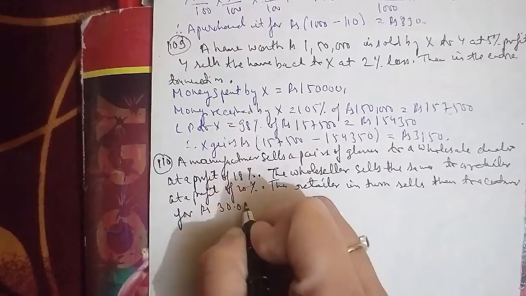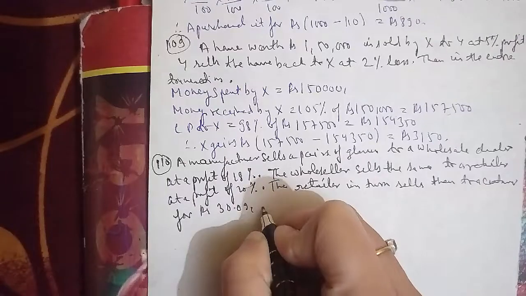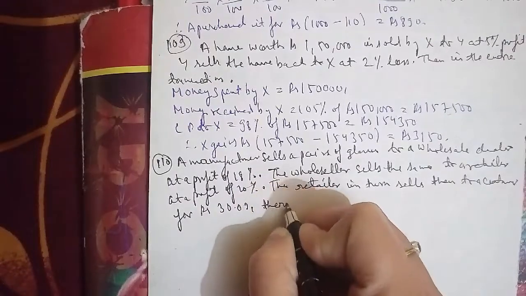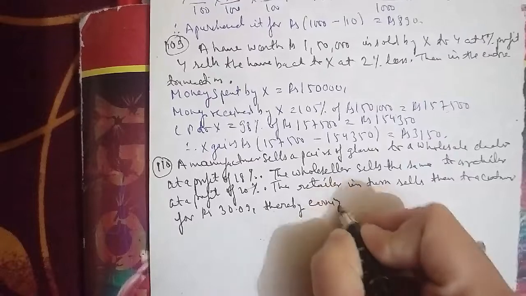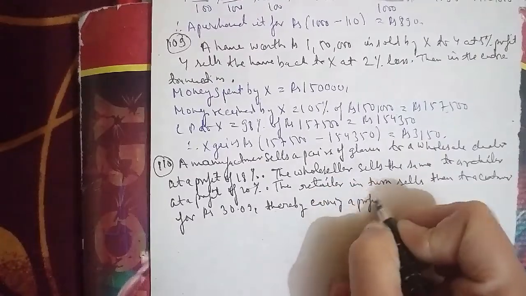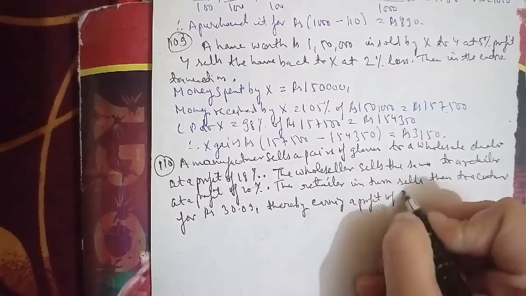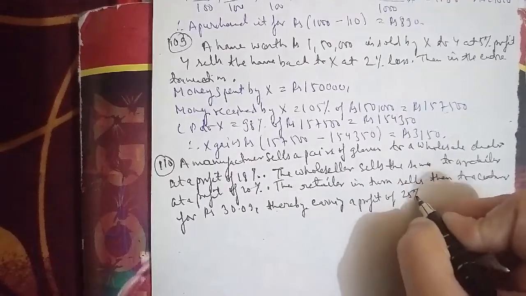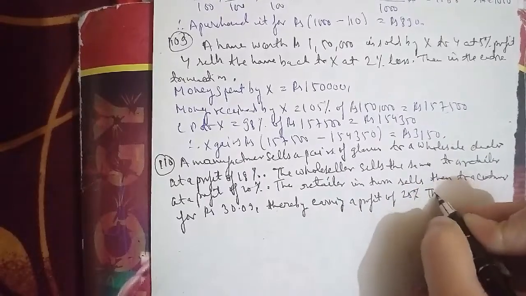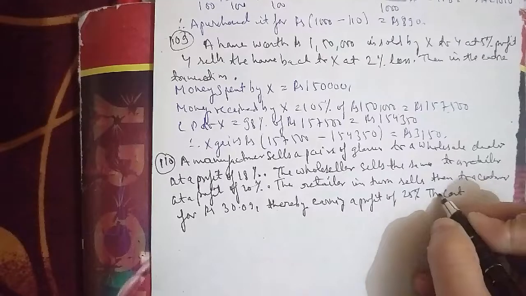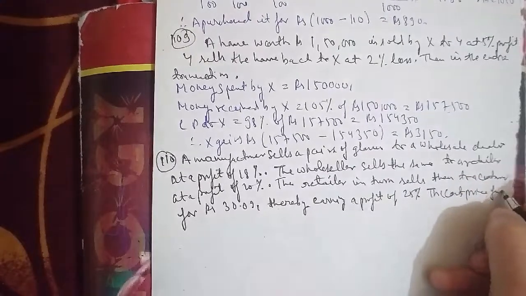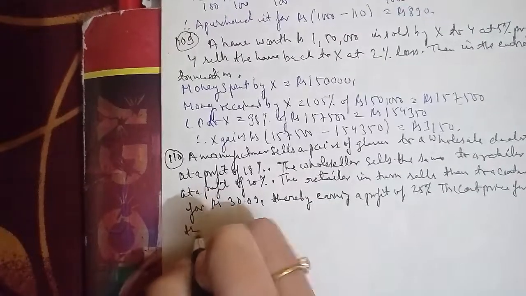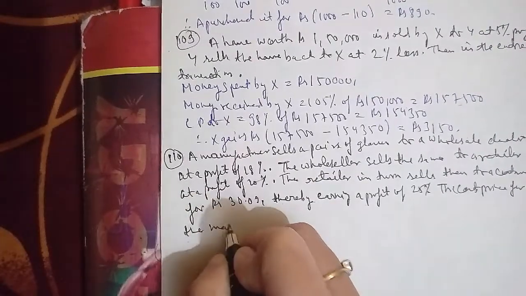The cost price for the manufacturer, with options rupees 15, 16, 17 and 18, is what we have to find out here, which is an important one.